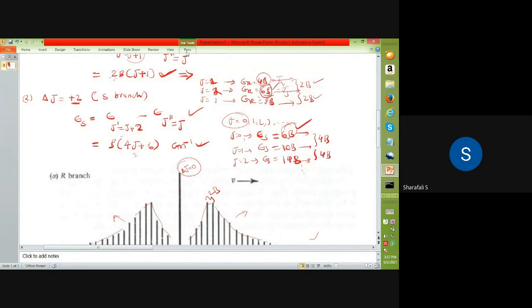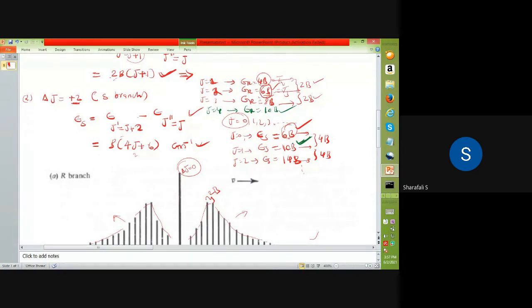Okay, that also is there. So when you consider that, similarly you can also consider this 10B, where it will happen when your J equal to 4, we will be getting epsilon R, which is equal to 10. Right. So in that case, this 10B and this 10B will coincide with each other, because both of them have the same position.